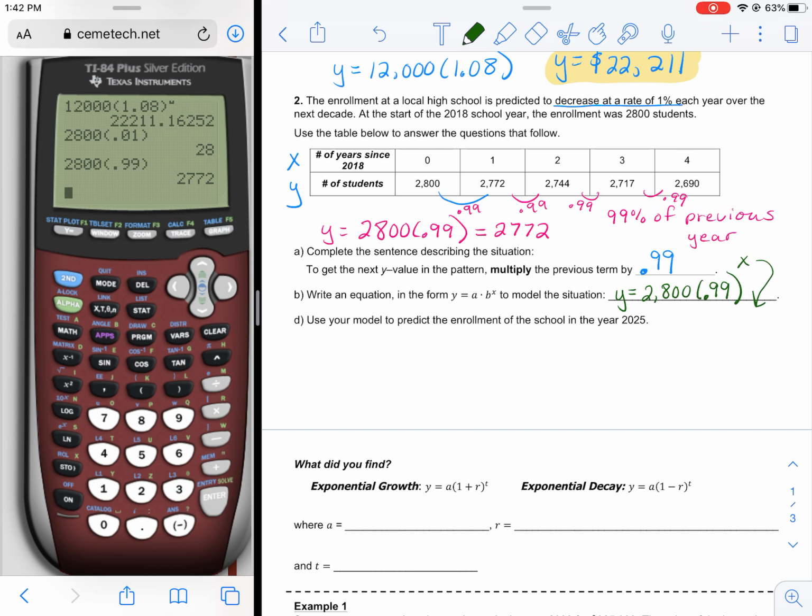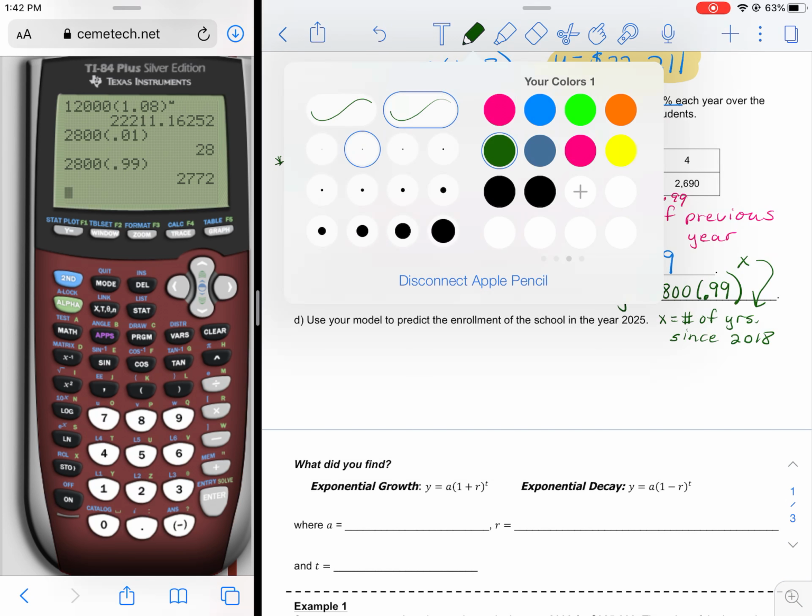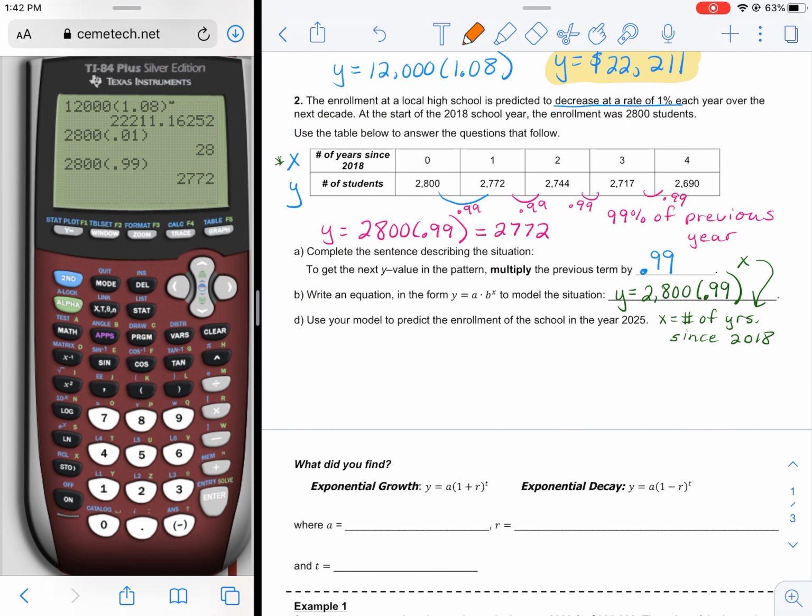We do have to make a note here that x equals the number of years since 2018. It's not just the number of years, it's the number of years since 2018, and that is indicated on the table. So let's use our equation to answer a follow-up question.